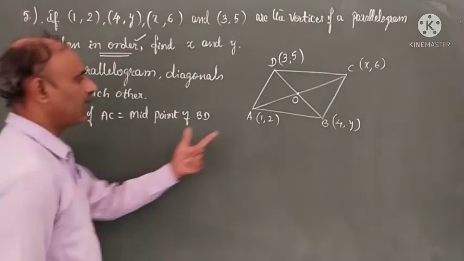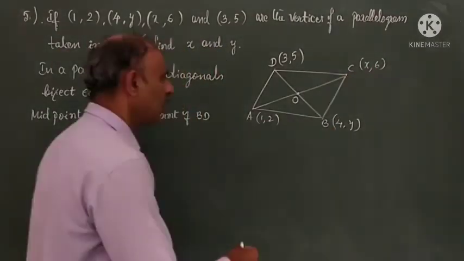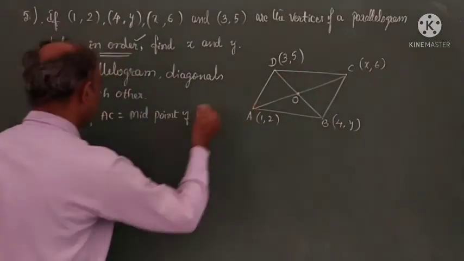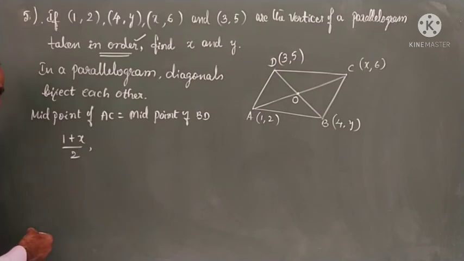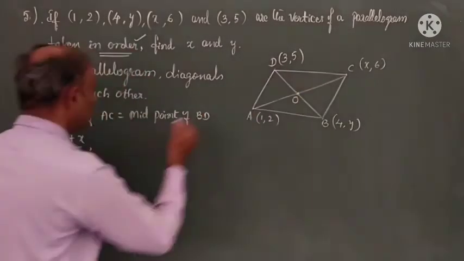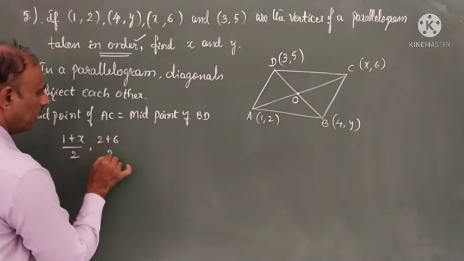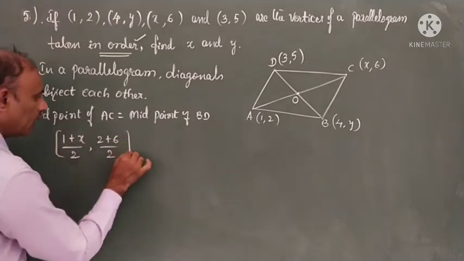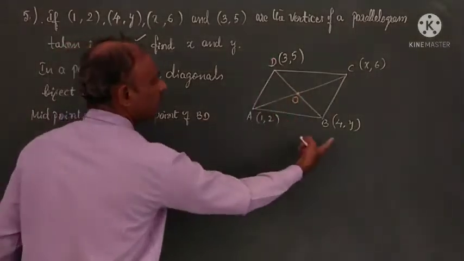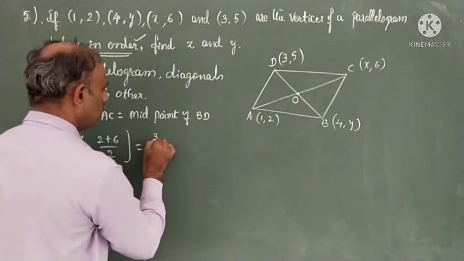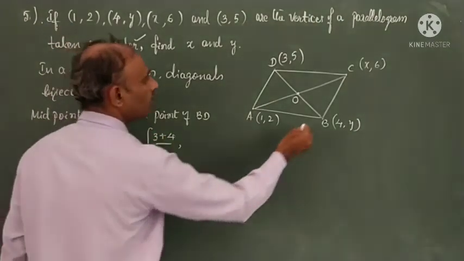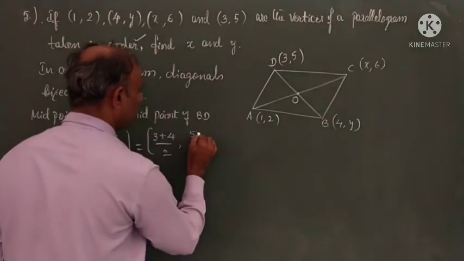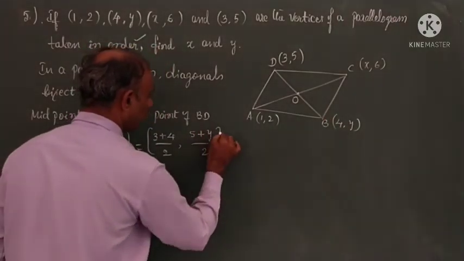Midpoint of AC. When you come to the midpoint of AC, x coordinate first: (1 plus x) by 2. This is the x coordinate. Same way y coordinate: (2 plus 6) by 2. That is equal to, the same way, (3 plus 4) by 2, (5 plus y) by 2. Right?